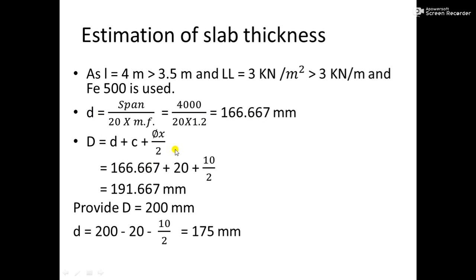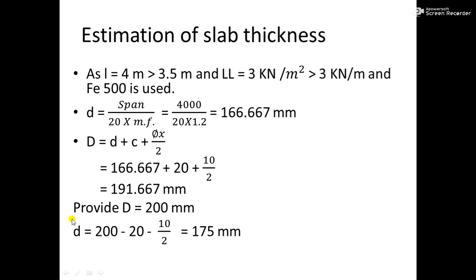Then overall depth considering the cover and diameter of bar, or you can consider the effective cover as 25 mm or 30 mm. That overall depth is 191.66. So provide D 200 mm.